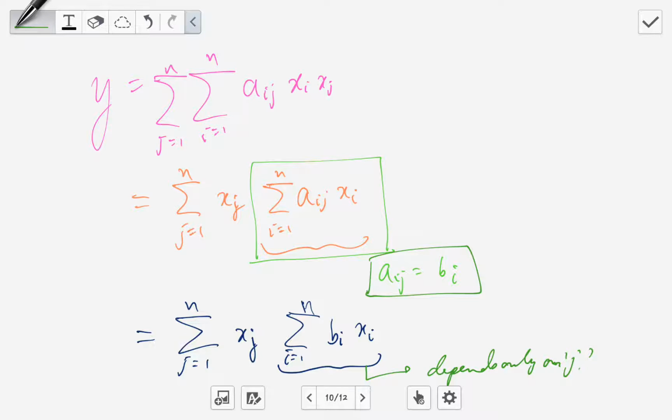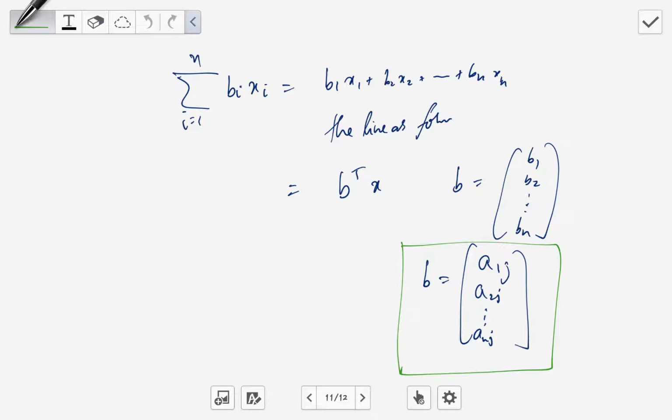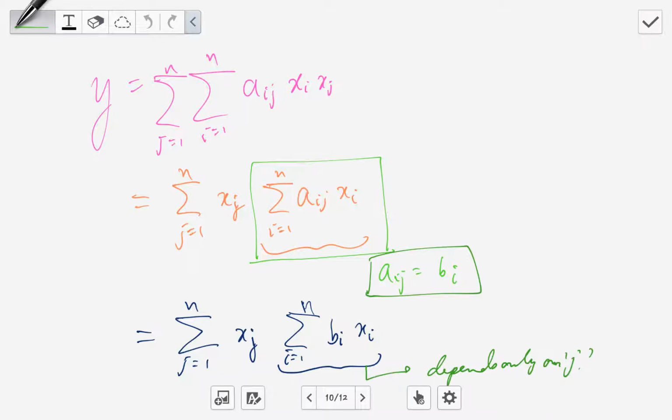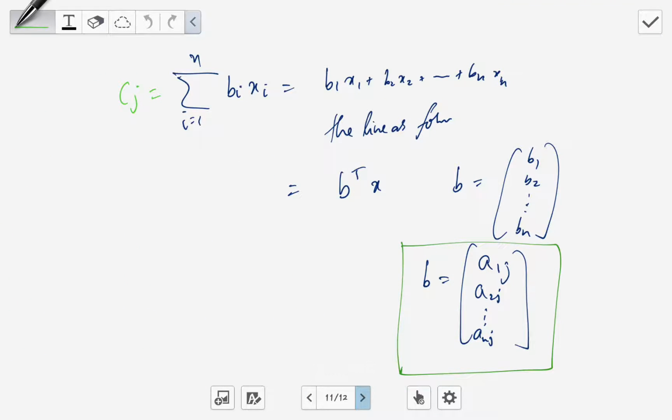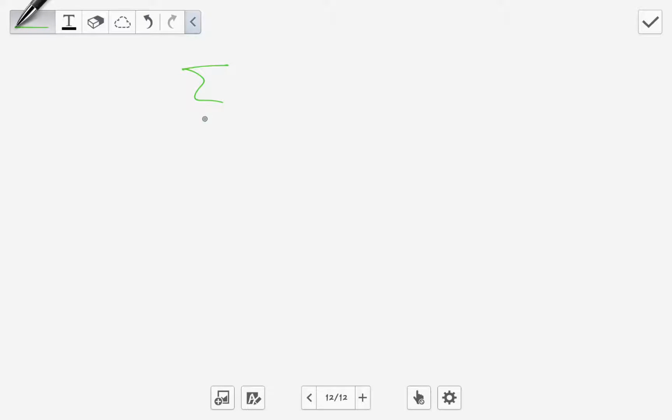Fine, so we call this, say, some cj. cj is this. Okay. Now if you take that, let us substitute that here. Sigma i is equal to 1 to n, j is equal to 1 to n, xj cj.